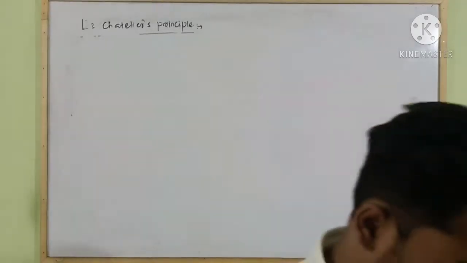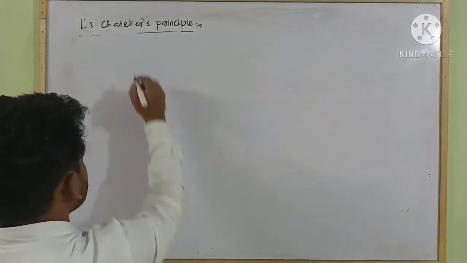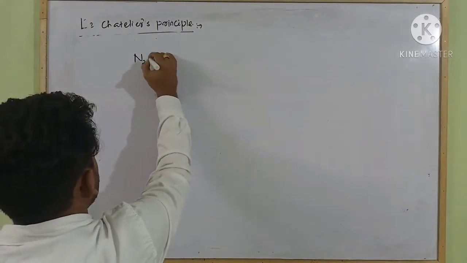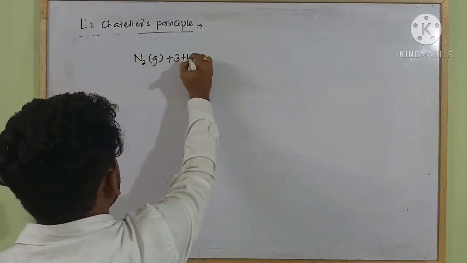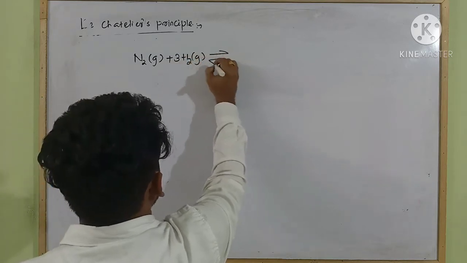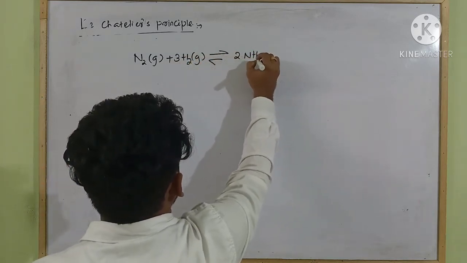For example, if I consider the formation of ammonia like this, N2 plus 3H2 gas giving rise to 2NH3 gas.